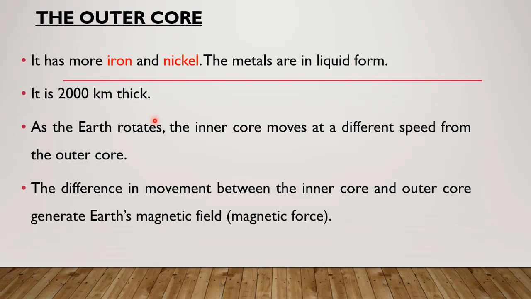The outer core is the other part of the core. The outer core has more iron and nickel, and these two metals are in liquid form. Remember, in the inner core, these metals are in solid form because of the pressure created by the materials on the earth pushing on them.